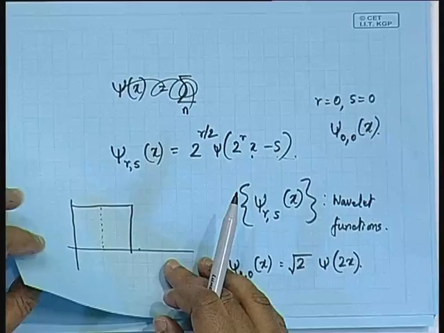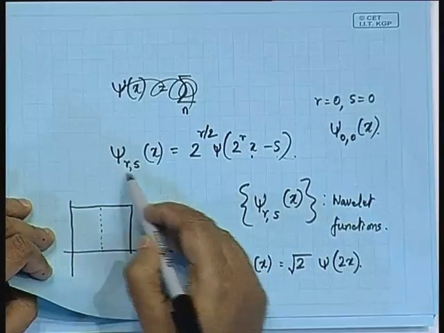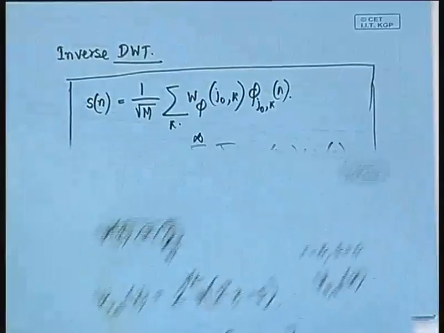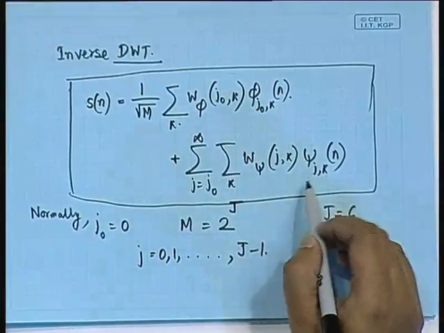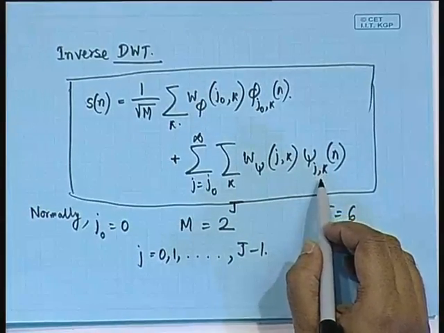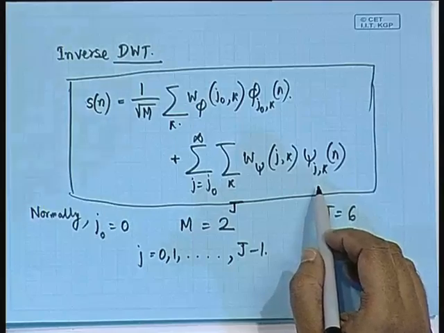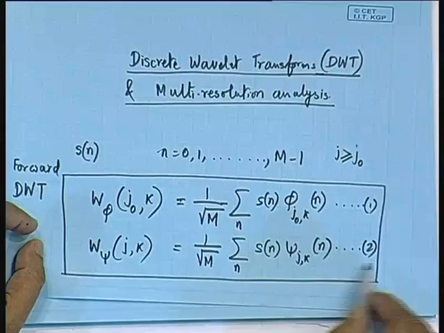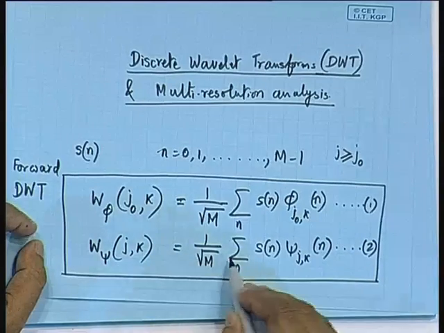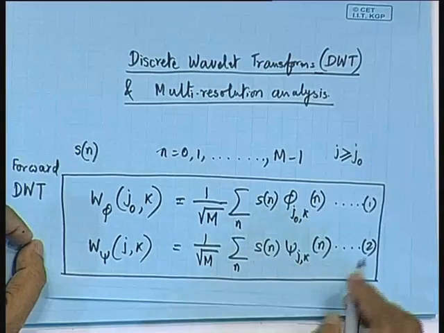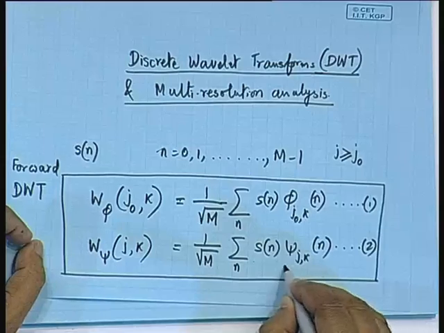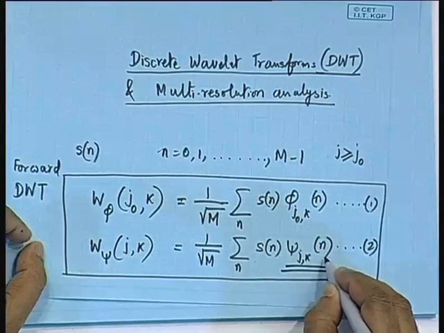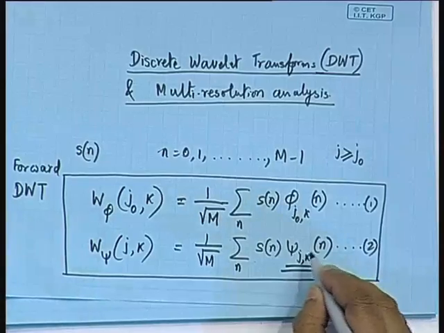In fact, instead of psi r s, if I now start writing psi j k of n, in that case this equation 2, what I have written as equation 2, W psi j k is equal to this. The equation 2 can be rewritten by substituting this psi j k expression, as we would obtain from this.